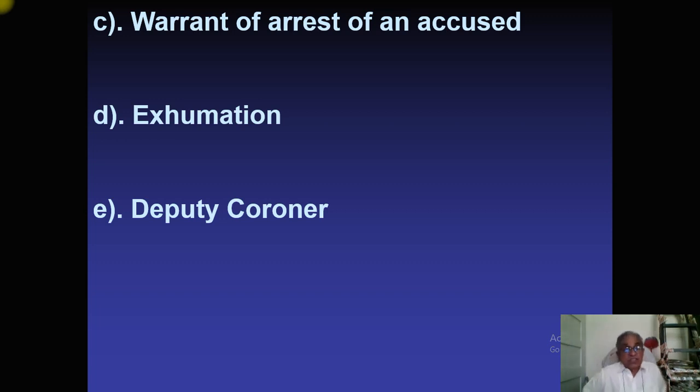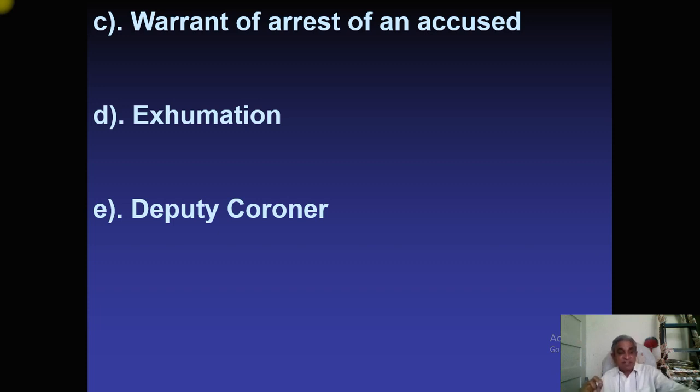Third power of the coroner: he can issue the warrant of arrest of an accused person.